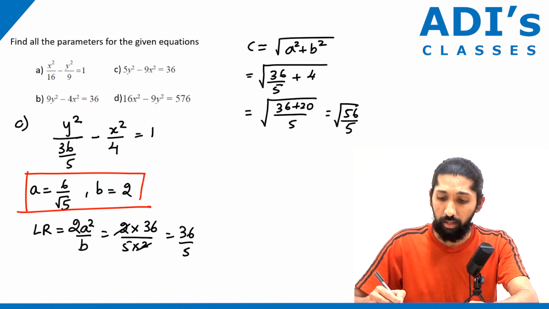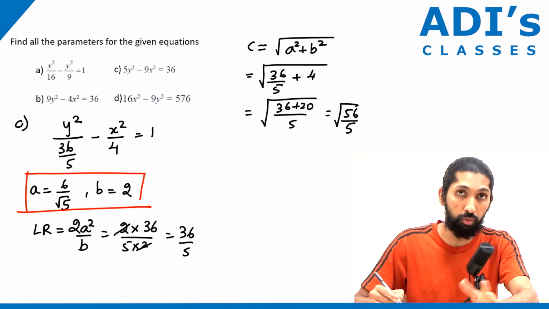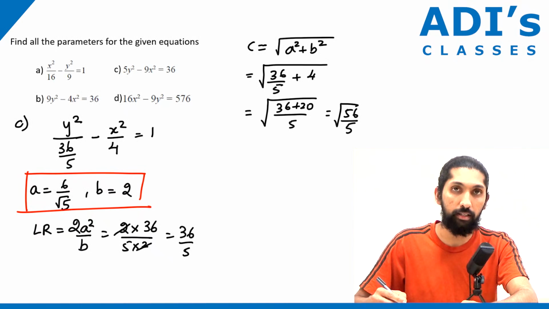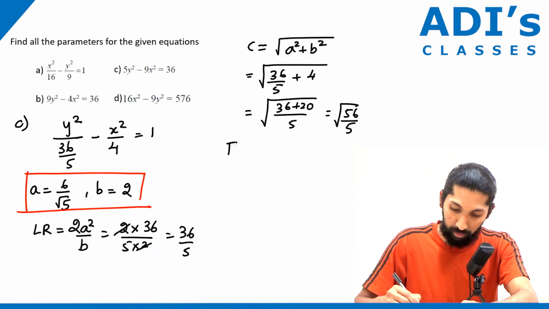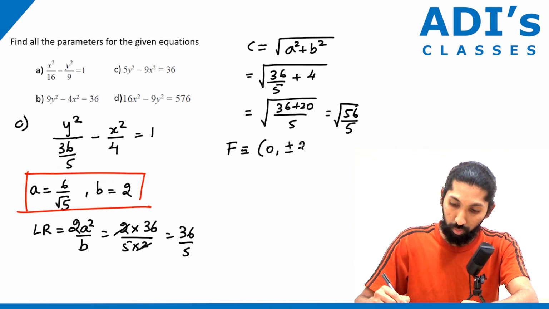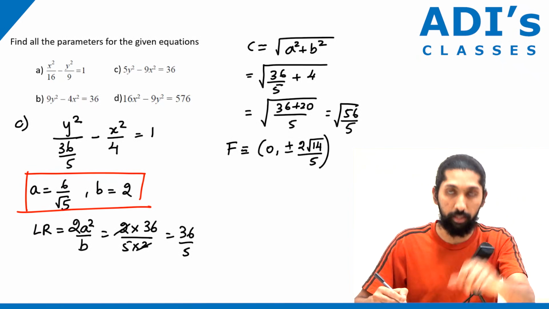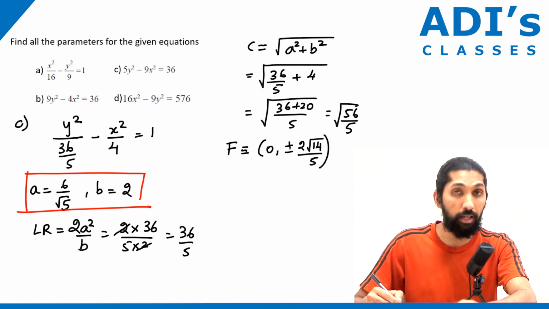You can write 56 in terms of 14 into 4, so 2 root 14 by 5. So the foci is going to become (0, plus or minus 2 root 14 divided by 5). This is the focus, or foci, plus or minus. Okay, this is the value of c.